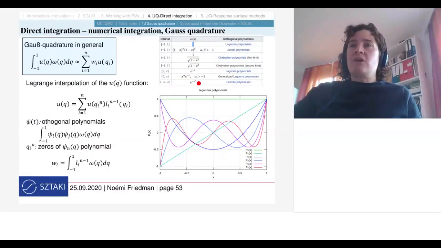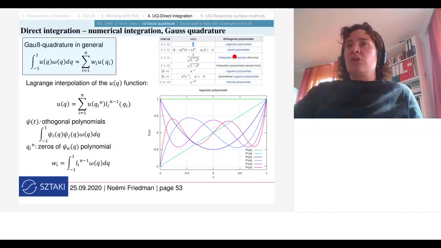That's why, when we have a Gaussian distribution of the random variables, we use Hermite polynomials for the integration rule. If I want an n-point rule, I choose the nth degree Hermite polynomial and check its 0 points, and that will give me the integration points.